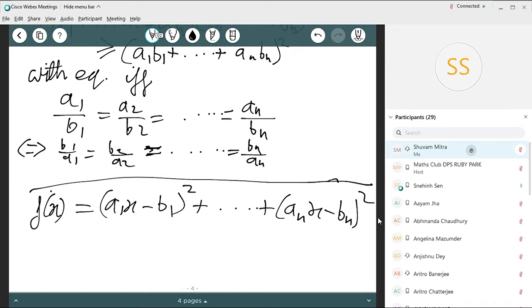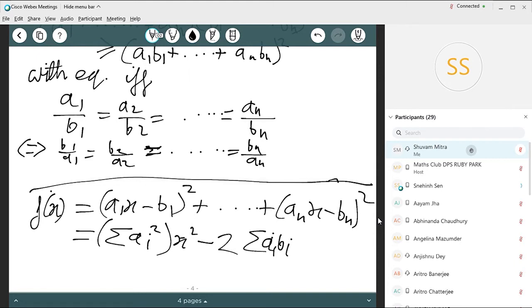Okay, so what is this? If you open the squares and add it up, this is basically sigma ai square x square minus 2 sigma ai bi times x plus sigma bi square. I'm not writing i equal to 1 to n; you guys assume it. So our function f(x) is the following, and it's a quadratic equation.